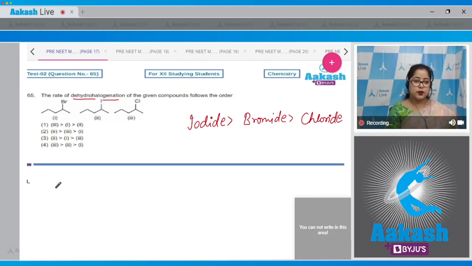Now students, it is very clear that among the given compounds, fastest dehydrohalogenation is possible in second compound, followed by number 1, further followed by number 3. That means the correct answer for this question is option number 3. Here I am writing correct answer is option number 3. Moving to the next question, students.